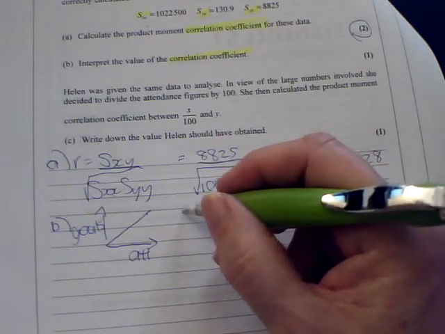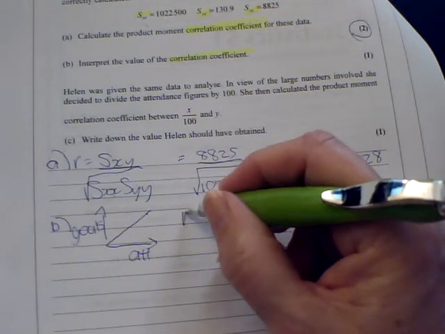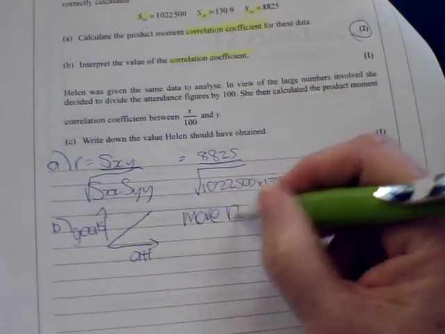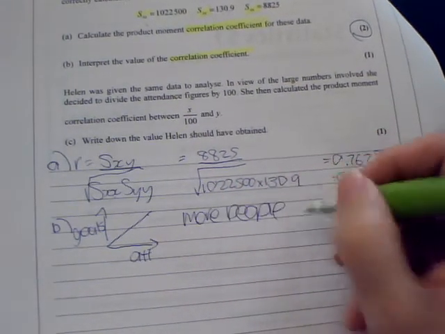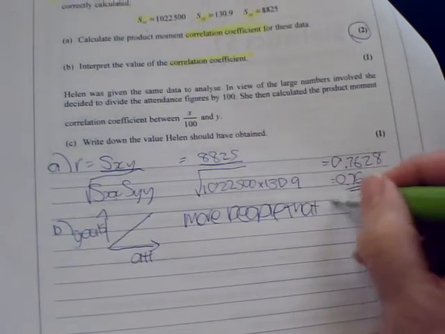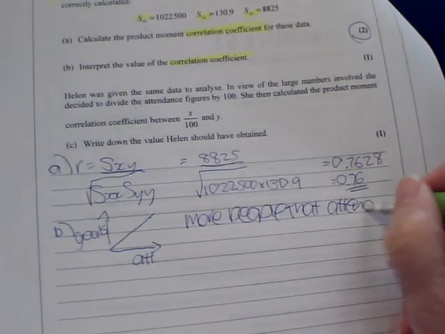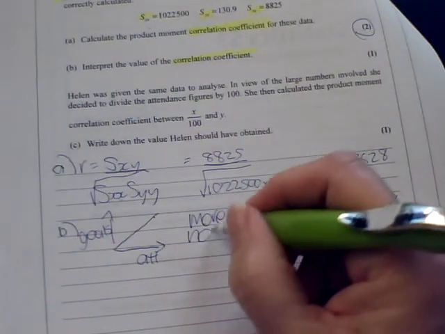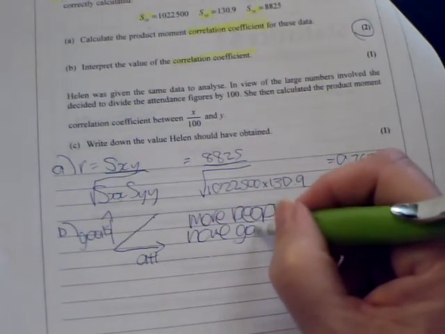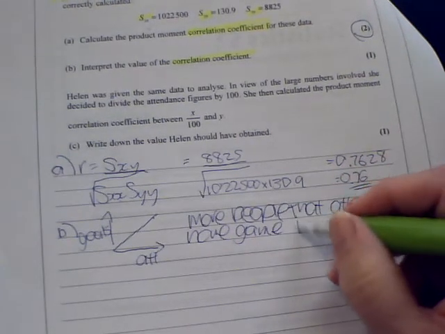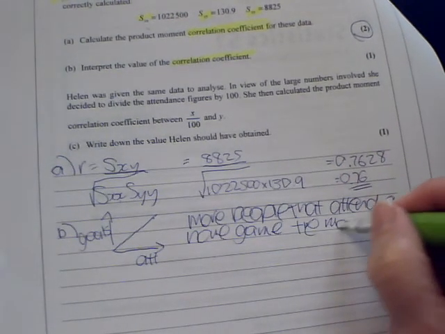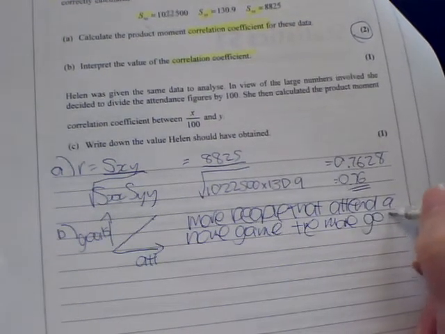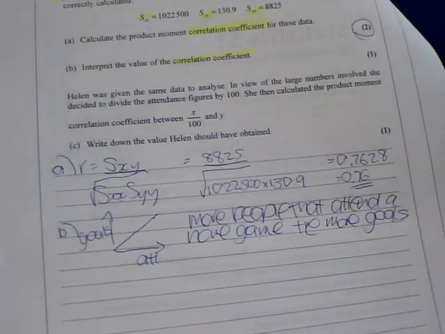So basically we're saying the more people that attend a home game, the more goals. Oh, that'd be more exciting then. So a reason to get all your mates to go to the football match is that there's a chance that there might be more goals scored. Wow, that'd be really cool, because honestly they do need to do something to liven them up a bit.